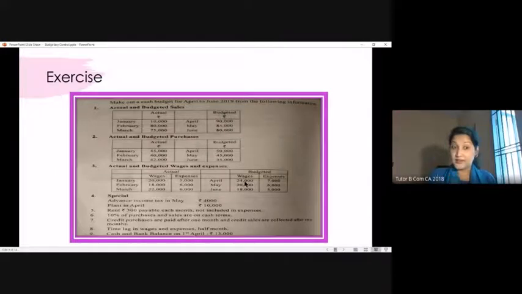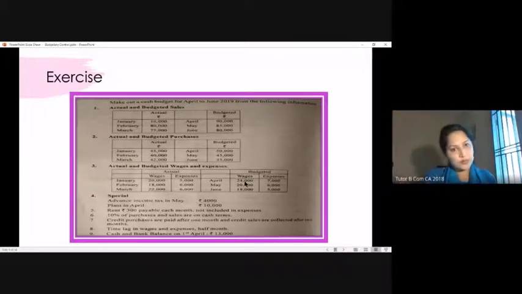Now, in this particular question, they say there is a time lag of half a month. So with respect to March also, the same thing will happen. March, we have the first half being paid in the second half of March, but the second half of March will be taken to April. So March, we have 22,000, half of that will be 11,000.